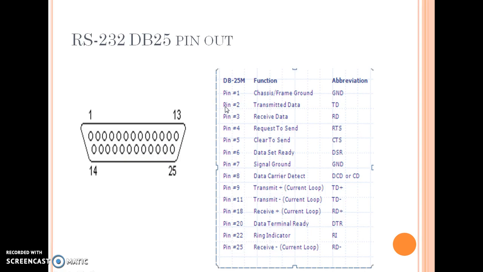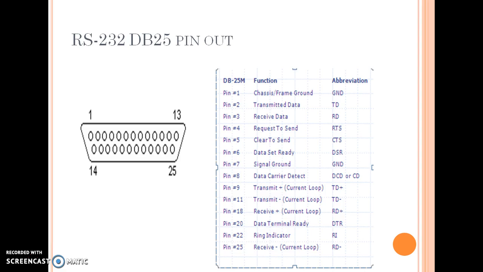Pin number 1 is a frame ground, pin number 2 is transmitted data, pin number 3 is received data, pin number 4 is request to send, pin number 5 is clear to send, pin number 6 is data set ready, pin number 7 is signal ground, pin number 8 is data carrier detect, pin number 9 is transmit plus, pin number 11 is transmit minus, pin number 18 is receive plus, pin number 20 is data terminal ready, pin number 22 is a ring indicator, and pin number 25 is the receiver.